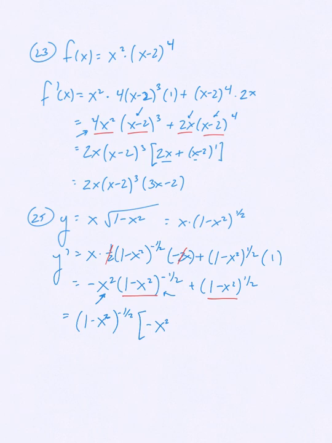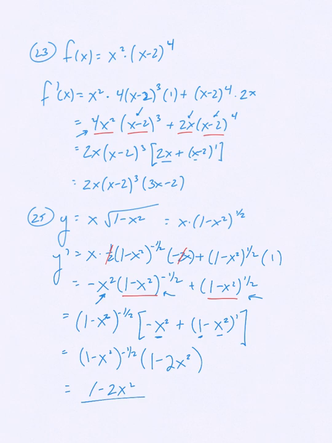This guy is gone. Plus, we took some of this out and we're left with 1 minus x squared to the first power. So in the brackets, we're going to have this 1, and then we've got 2 negative x squareds. So my final answer looks like this.